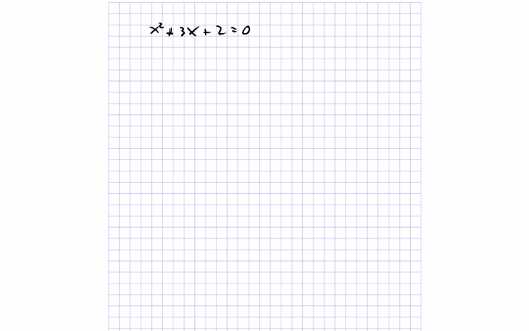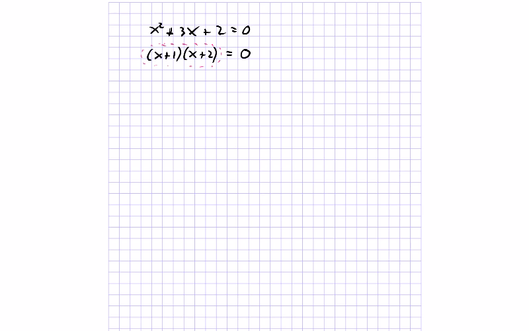If we were to rewrite this as the quantity x plus 1 times the quantity x plus 2 equals 0, it becomes a much easier problem. You can quickly check for yourself that if you multiply the quantity x plus 1 times the quantity x plus 2, you'll end up with x squared plus 3x plus 2. But I'll leave that to you to find out.